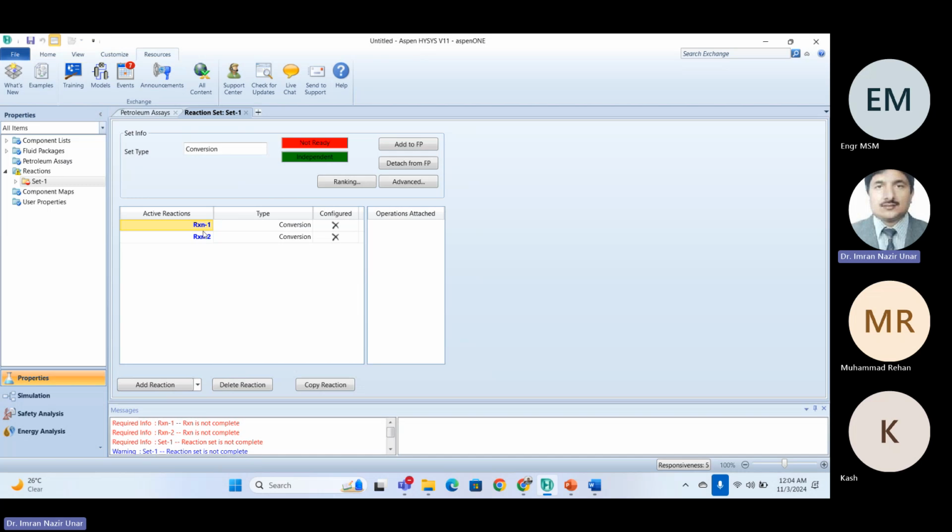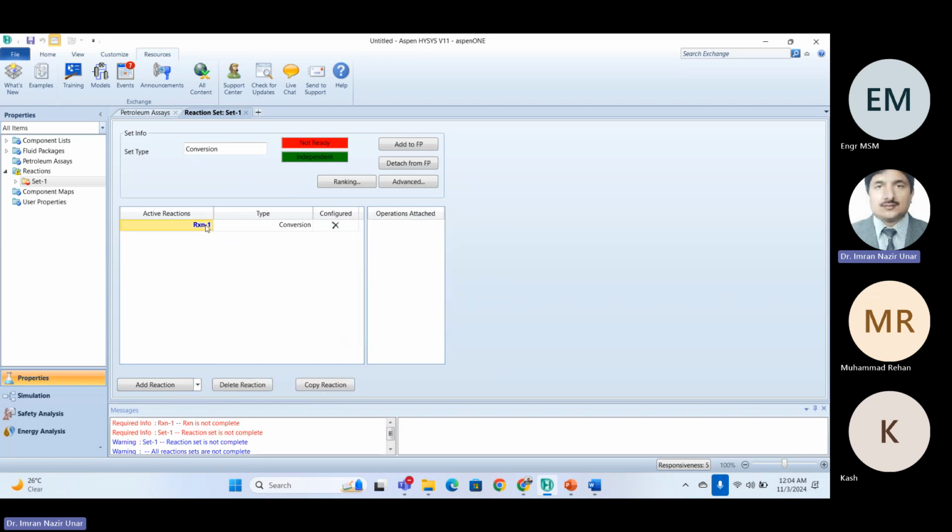Up to what limit can you add reactions? This is up to you. There are no limitations, but definitely when you increase the reactions, the solution time will be a little bit more. Okay. Because we do not need reaction 2 here, we delete reaction 2 for the time being, and we stay on reaction 1.